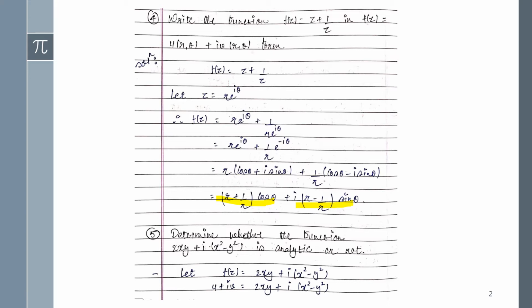So let f of z equal 2xy plus i into the bracket x square minus y square, and definitely you know f of z is u plus iv. So this one will be your u, that is 2xy, and this one will be your v, x square minus y square.